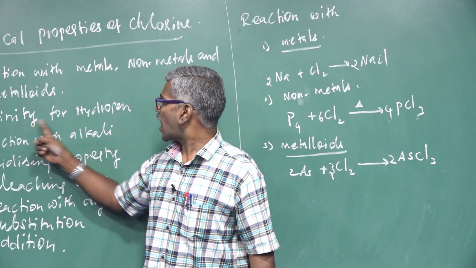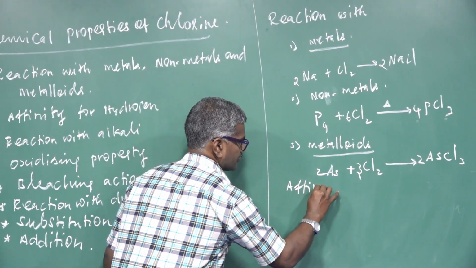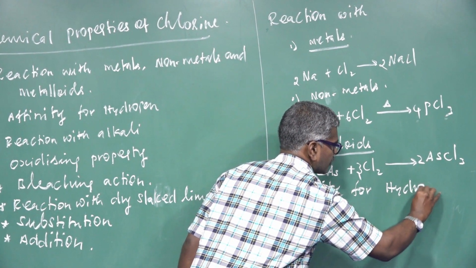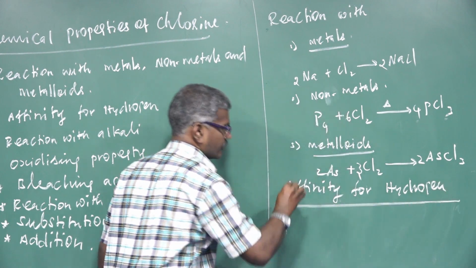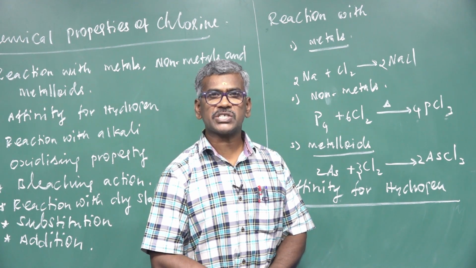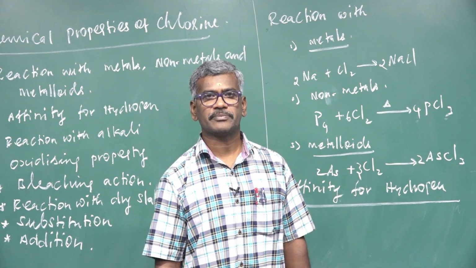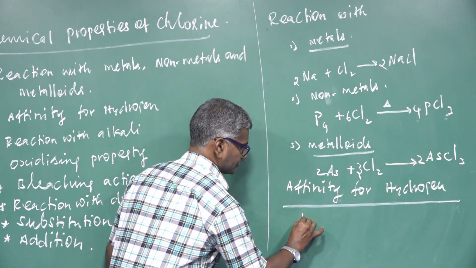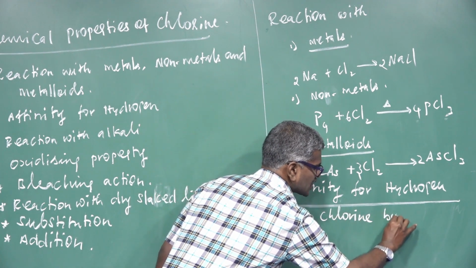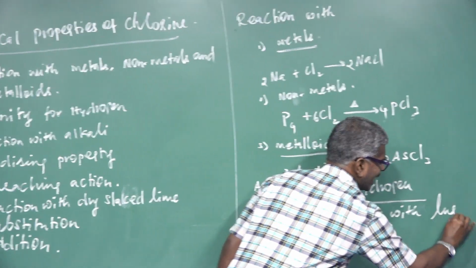Next property, affinity for hydrogen. Chlorine has strong affinity for hydrogen. It decomposes hydrogen compounds, forming HCl. First one, chlorine burns with turpentine.